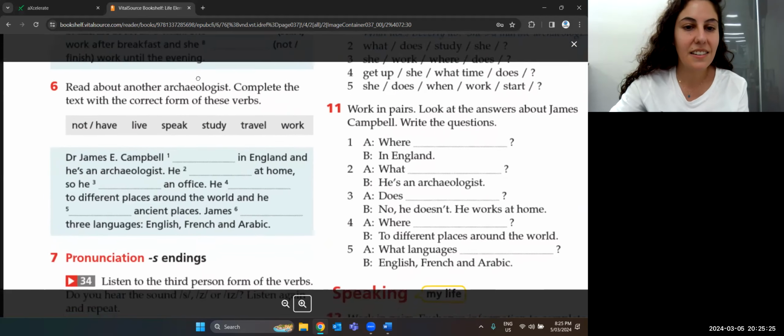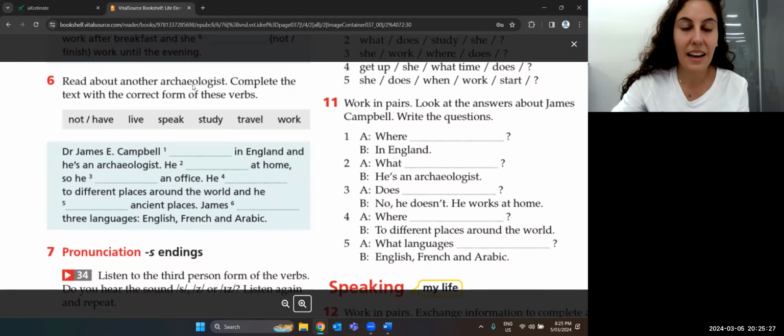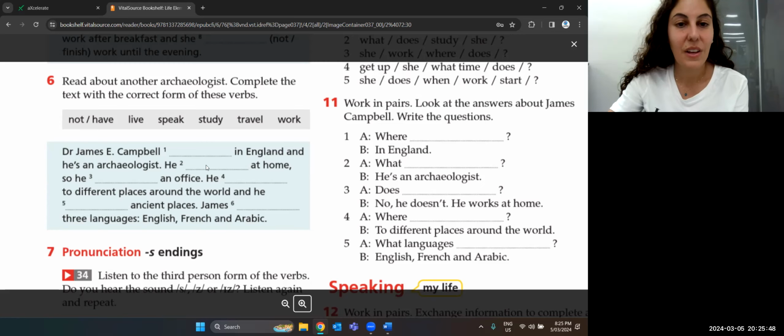Okay, we have another piece of information about an archaeologist, Dr. James E. Campbell. Which of these actions are you going to pick? Lives. Yep, make sure there's an S. Lives in England. And he is an archaeologist. He works at home.